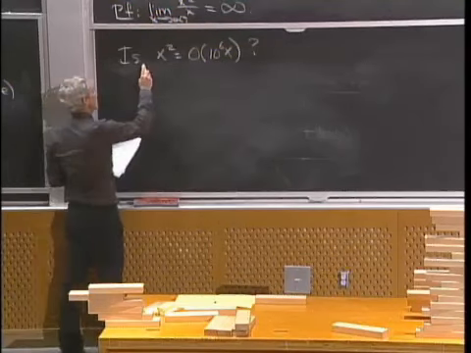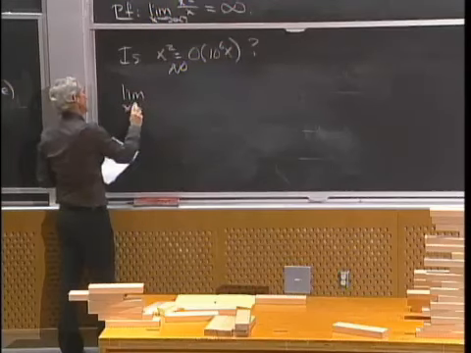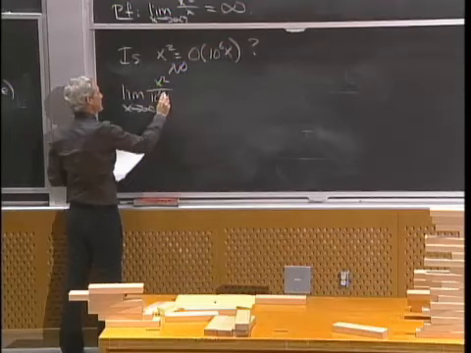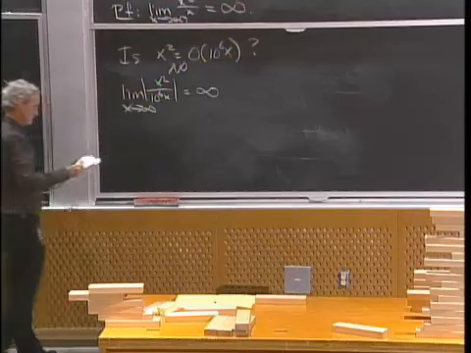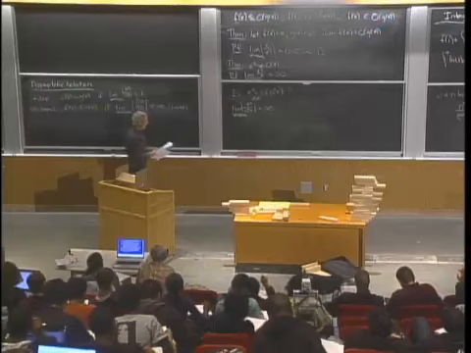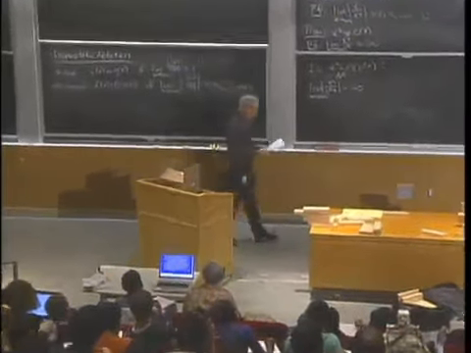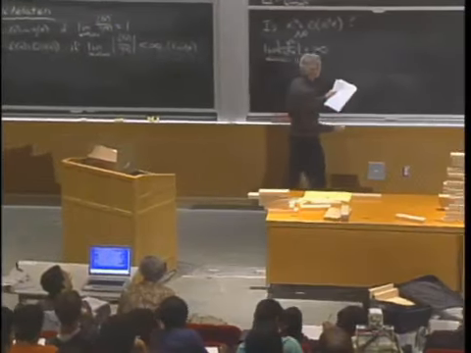All right, so no, because the limit as x goes to infinity of x squared over 10 to the 6x equals infinity. So the thing with big O notation is you just ignore constant factors. They don't do anything. Just forget about them.